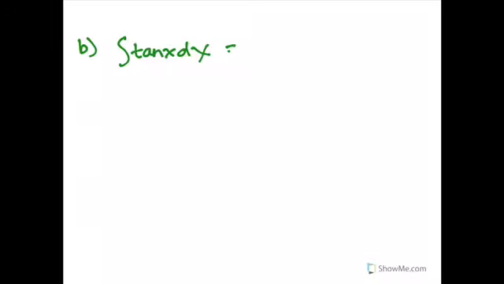So we're going to rewrite this as the integral of sine x over cosine x. Now, do you see what's going to happen? The numerator is almost the derivative of the denominator. We're going to pick u equals cosine x.